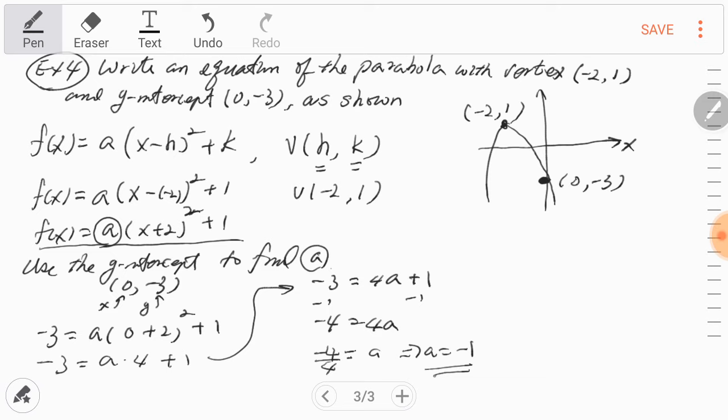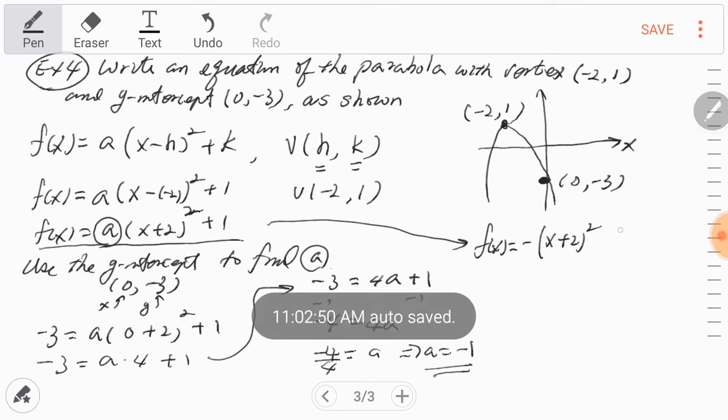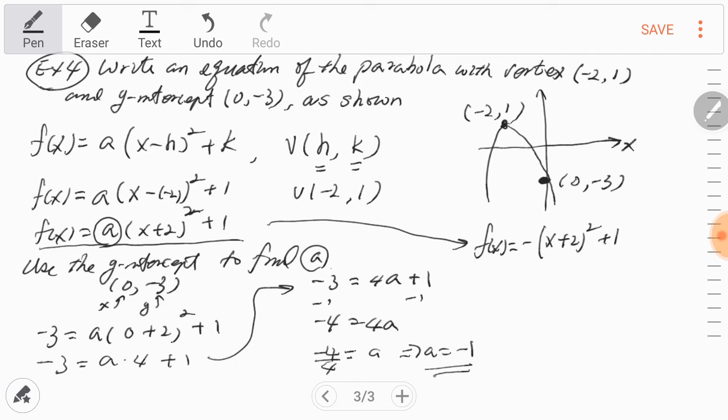So replace a with the negative 1. So finally, our equation is what? F of x is equal to, a is negative 1, so negative parenthesis x plus 2 squared plus 1. So this is the quadratic equation that satisfies the information, the vertex and the y-intercept. Also, once you graph this, it will be the same as the graph shown.